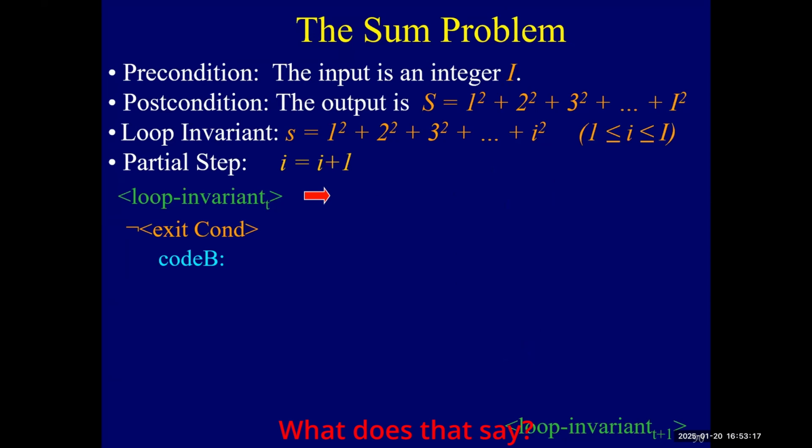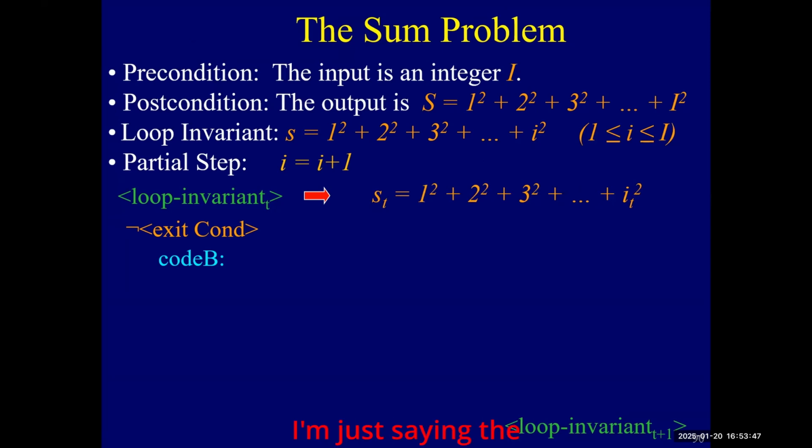That says that the loop invariant is true for the values at the top of the loop, i.e. for the t values. So we just go look at our loop invariant and copy it down for the t values.